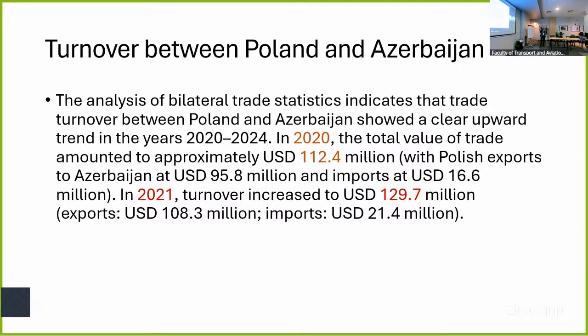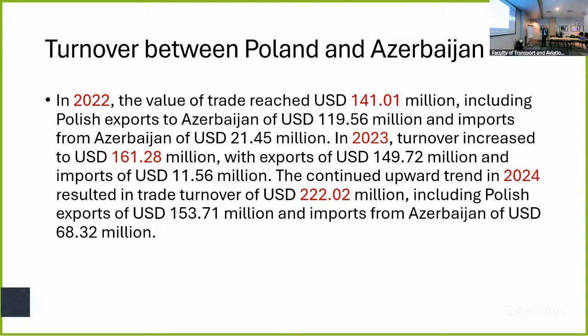If we take under consideration turnover, how much we trade between countries, we can notice that year by year there was an increase in turnover. I mentioned in red color: in 2020, 112 million; in 2021 it increased to 130; in 2024, just 2 times more than 1 year before, 222.